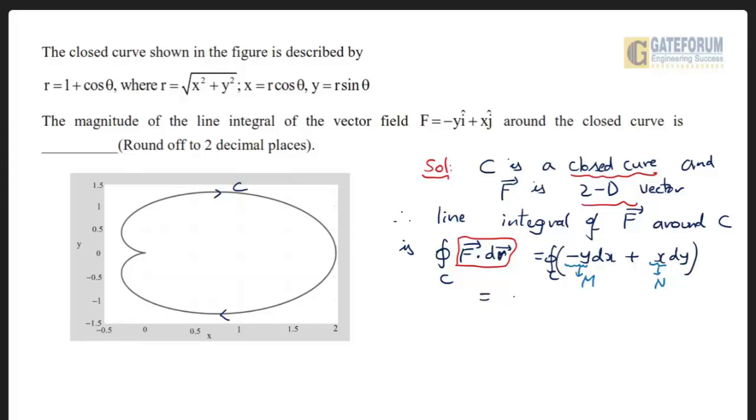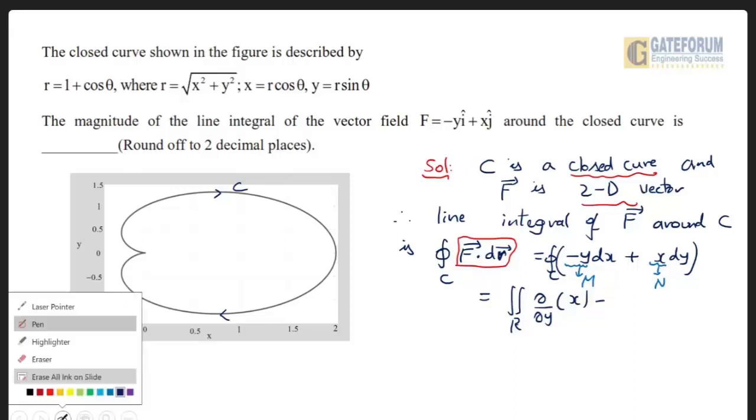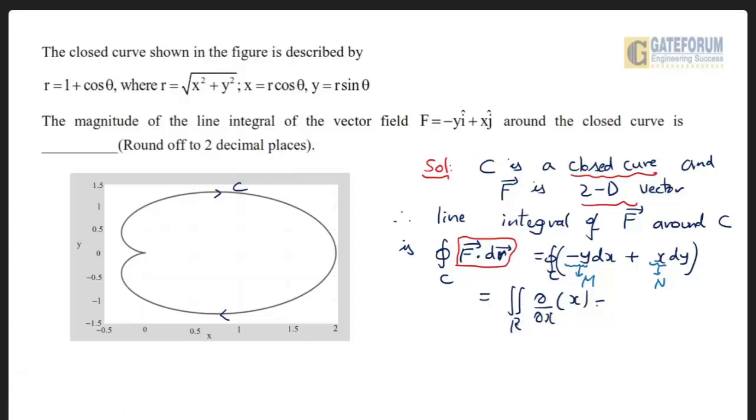Green's theorem is equal to the double integral over R of dou n by dou x minus dou m by dou y, that is, dou by dou x of n minus dou by dou y of m, dx into dy. Have you remembered the condition?